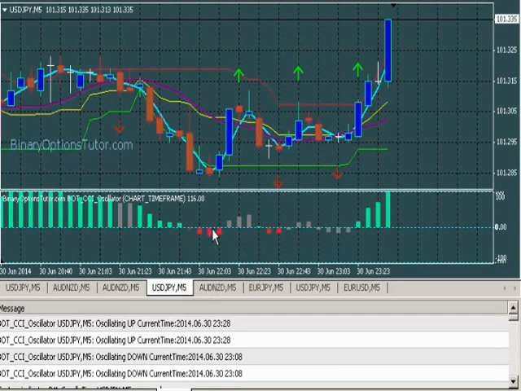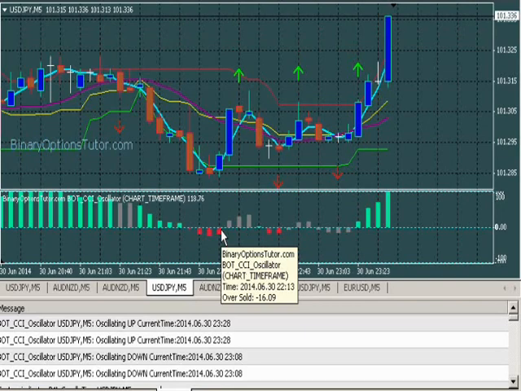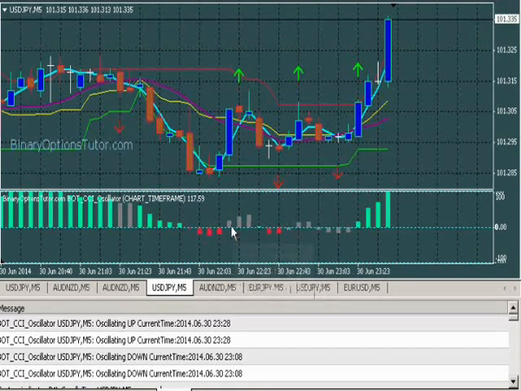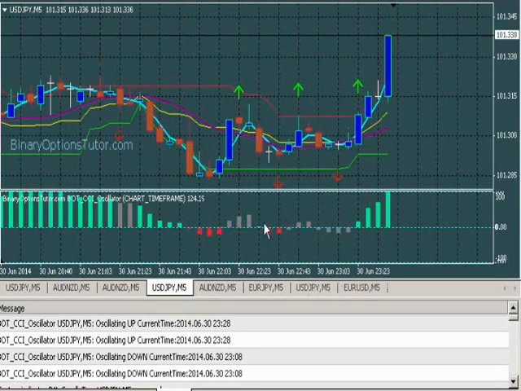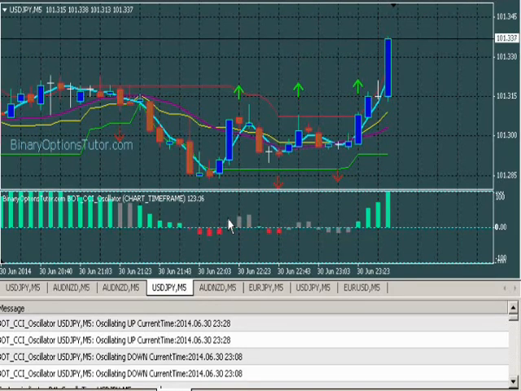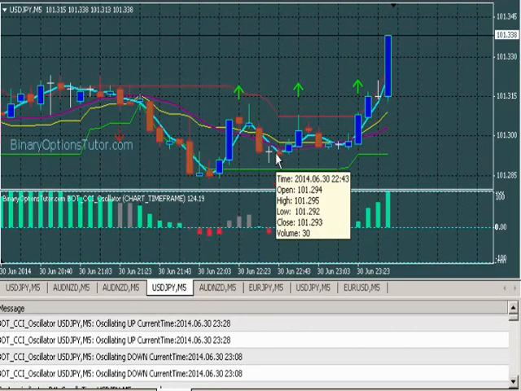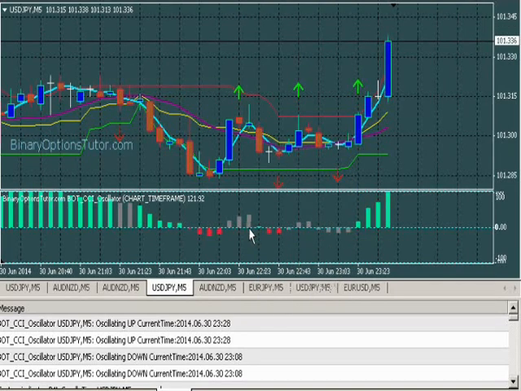Okay, now just like with the original strategy, we're going to try and avoid these gray areas here. We're going to try and stay out of these areas. That's my suggestion, because you'll notice a lot of chop.